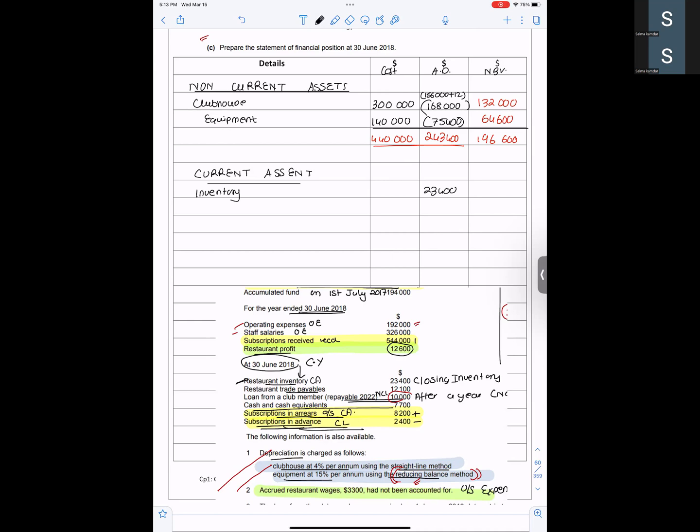I have cash and cash equivalent. How much is cash and cash equivalent? 7,700. And I also have subscription in arrears.